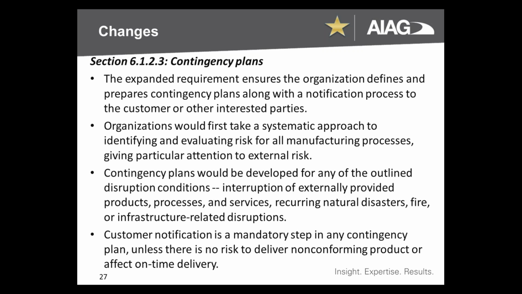The first step is for the organization to take a systematic approach to identify and evaluate risk for all manufacturing processes, giving particular attention to external risk, maybe from outsourced processes.